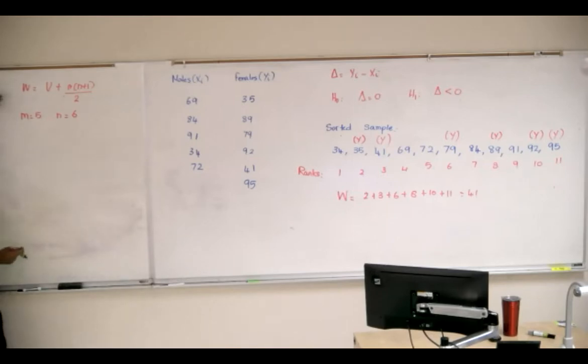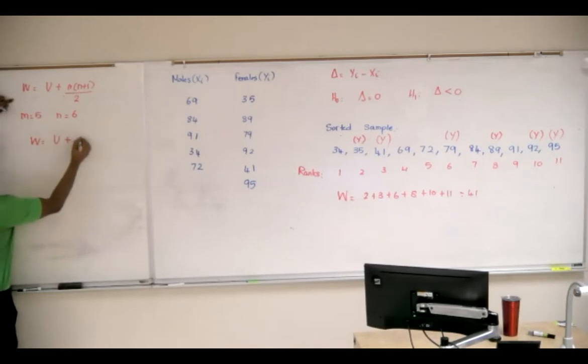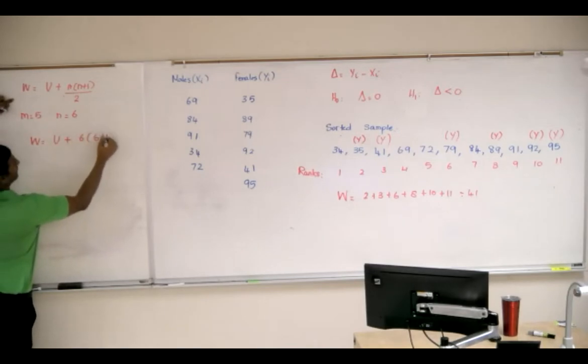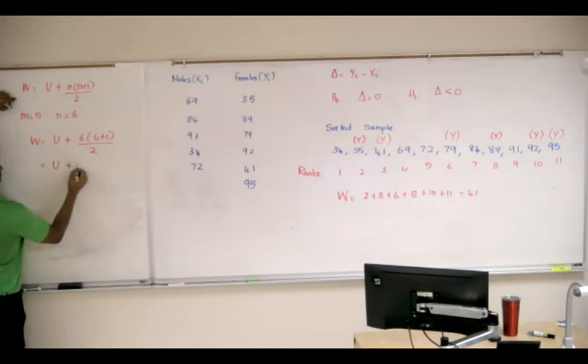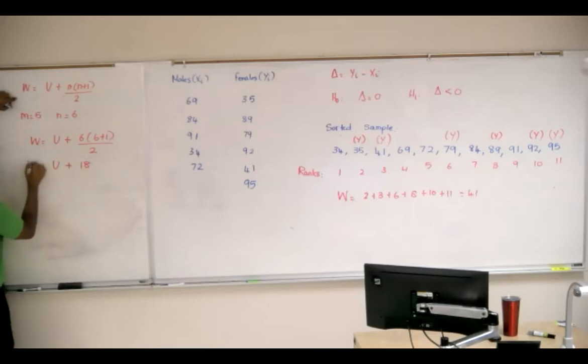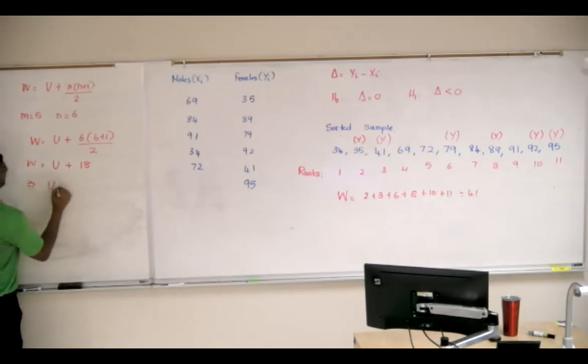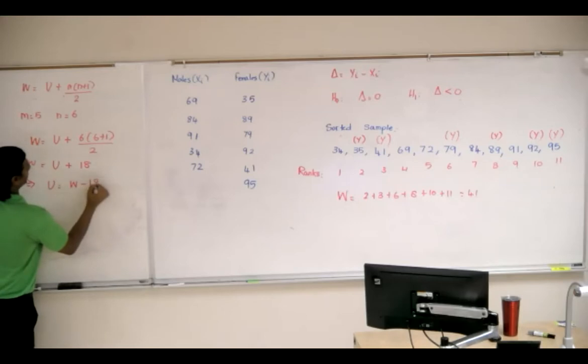So W would be equal to U plus 6 times 6 plus 1 over 2. U plus 21 would be equal to W, which would imply U is W minus 21.